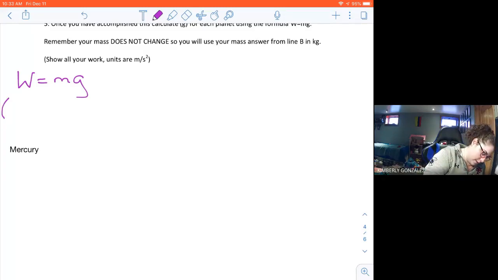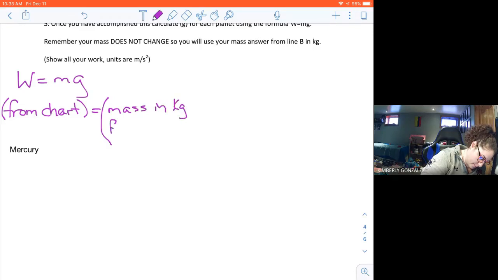You're going to take this value from the website or from the chart. Your m, because it's your mass, which does not change, is your mass in kilograms from step 1, and you're looking for g.